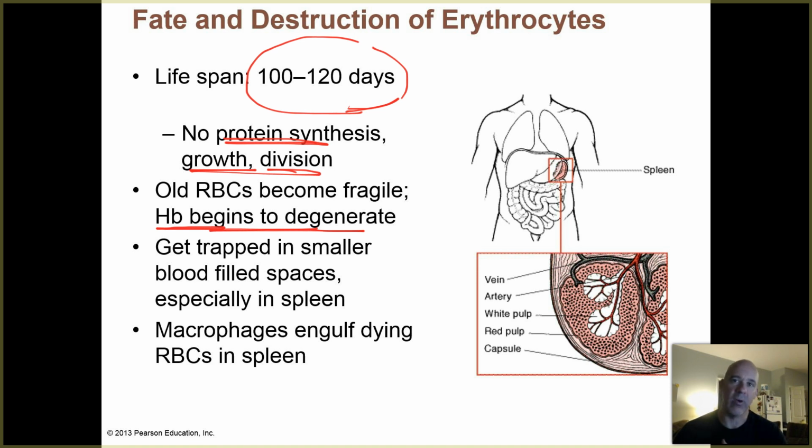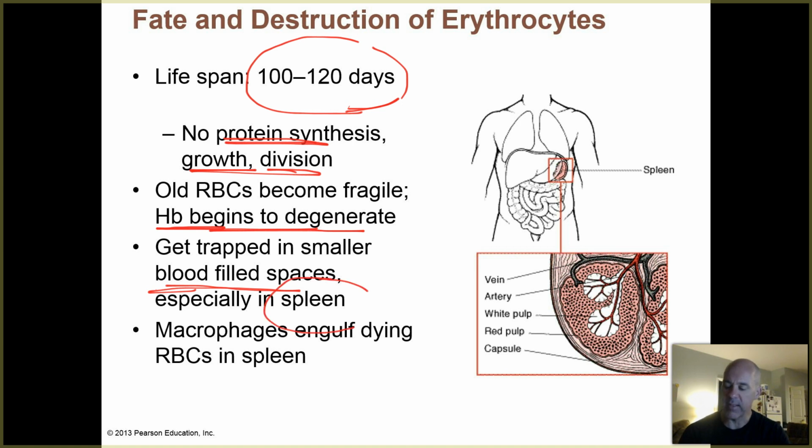So all of your important molecules, like proteins and so forth, don't last forever. They age or break down just like we do as a whole individual. So you've got to replace these old red blood cells with their old and worn out hemoglobin that's not really working anymore. Eventually they get trapped in smaller blood-filled spaces, especially in the spleen.